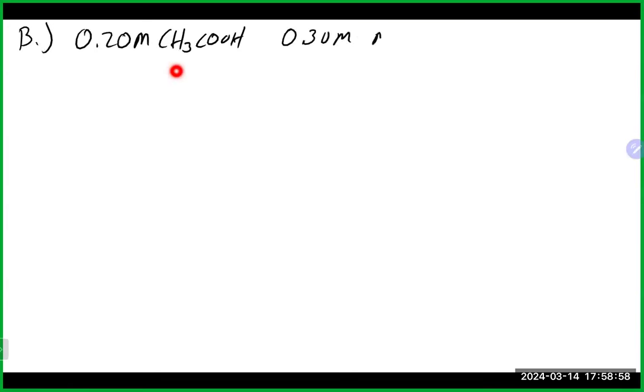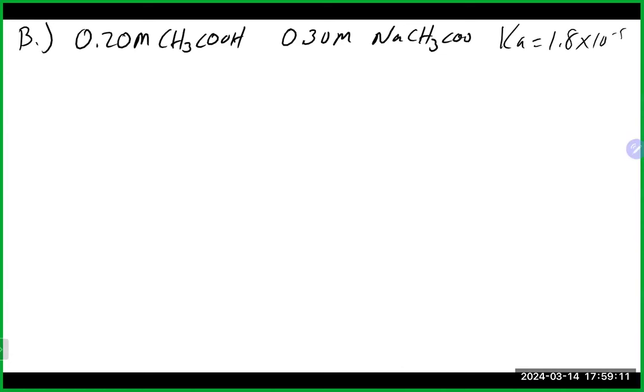So this is going to be part B, which we have 0.2 molar acetic acid. And again, here it was 0.3 molar, I believe, sodium acetate. And we still have the same Ka value there of 1.8 times 10 to the minus 5.